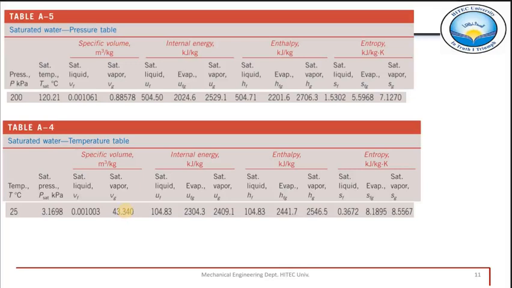So our water is in mixture region because its volume is a little higher or larger than this value, 0.001003, but our value is 0.001002. So although a very small amount of water is evaporated compared to this Vf, some water has evaporated, which we have confirmed now with the help of this saturated property table.